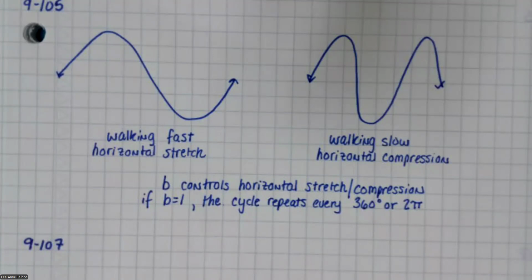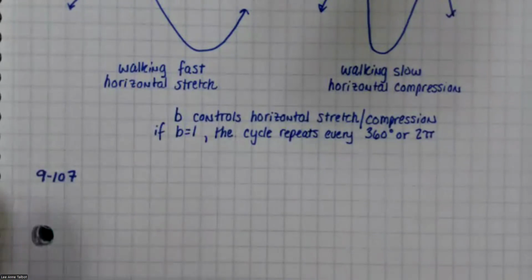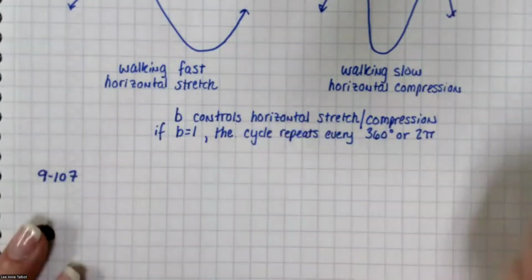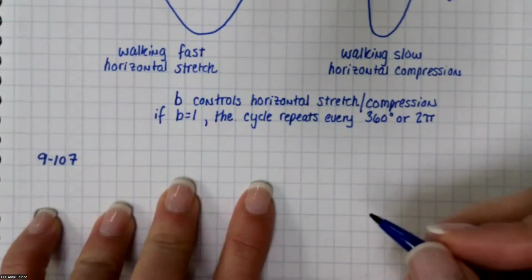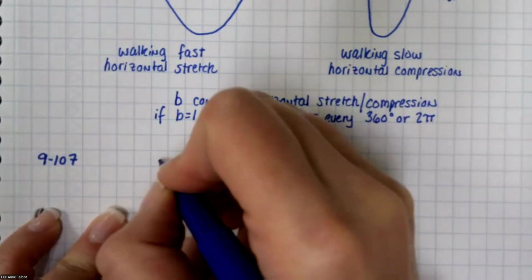Okay. All right, what we're going to do though is we're going to change B to make it wider or skinnier horizontally. So we're going to need a graphing form. We're going to write our graphing form in number 107 and write this kind of spread out.